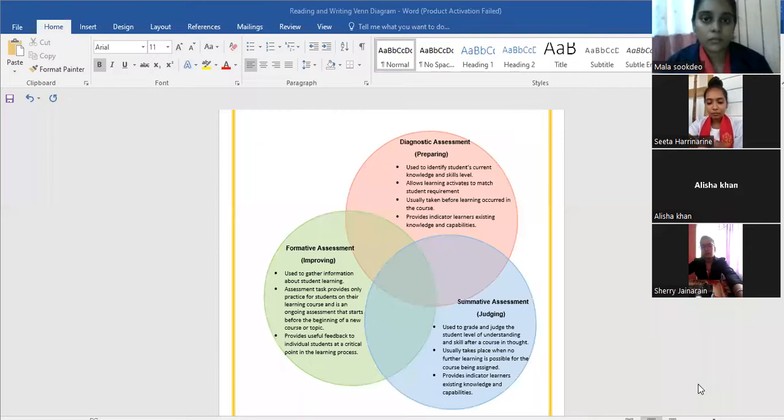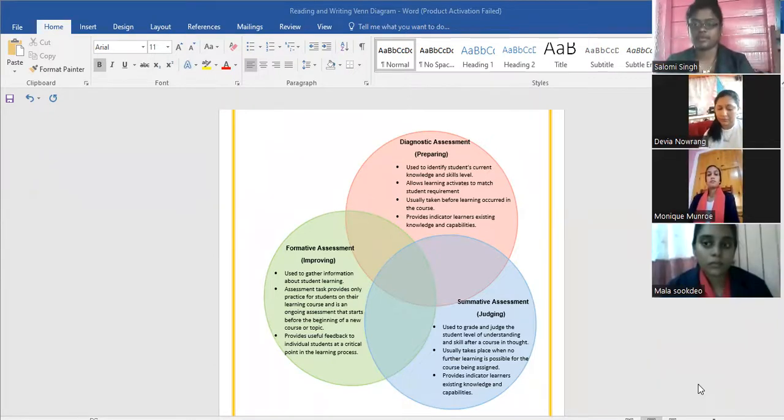If you finish a topic, you can assess the child on that. Summative assessment can happen at the end of the school term, where you ask them about all the topics you did, whether letters, numerals, and so on, and assess the child at the end of the term. So for the three assessments, that is what I understand.